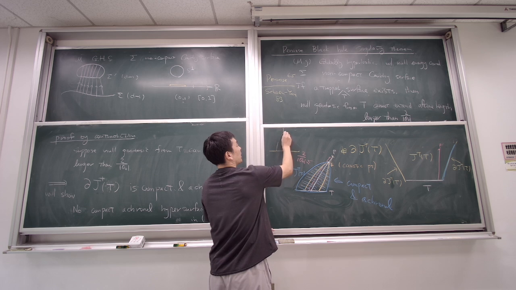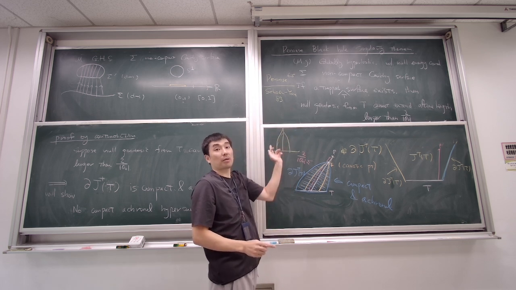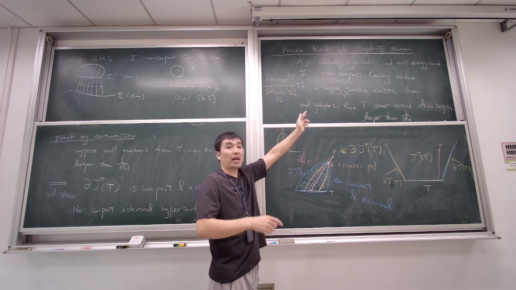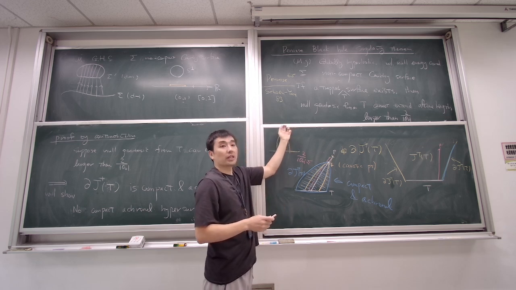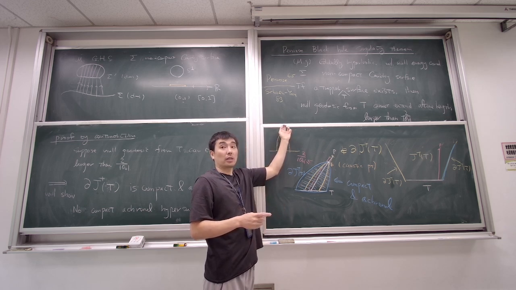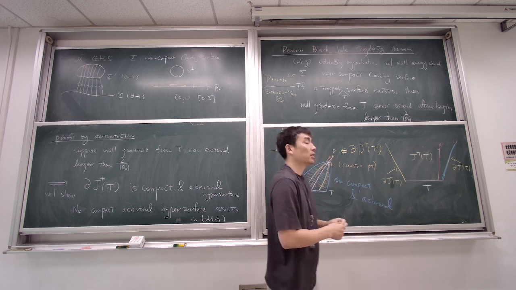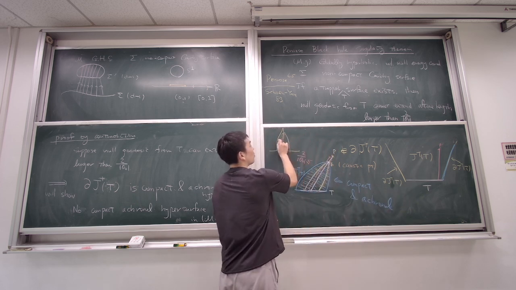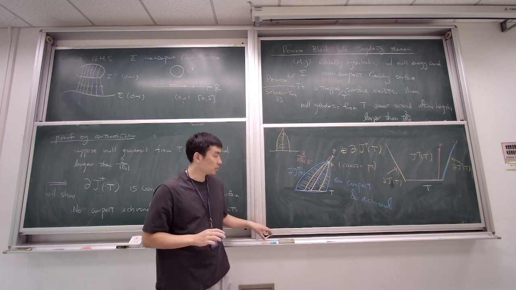You can create a kink, and you can smooth out the kink by a time-like curve, so that it's no longer the boundary of this J plus, and you can create some compact new hypersurface which is achronal.